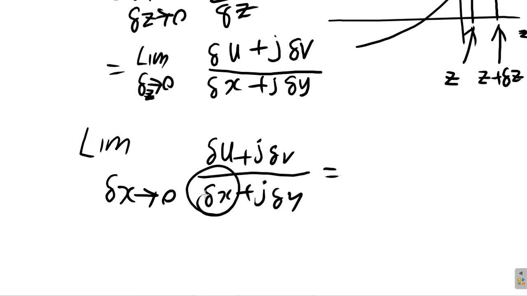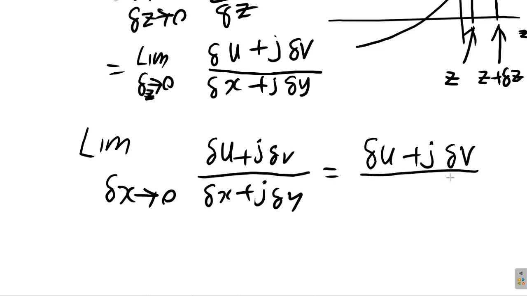Well, as delta x, or del x, this part approaches 0, then what we would have? The limit of that would be del u plus j del v, divided by j del y.